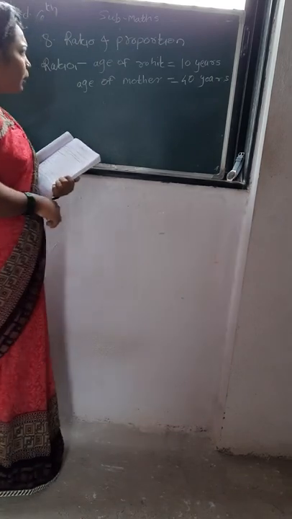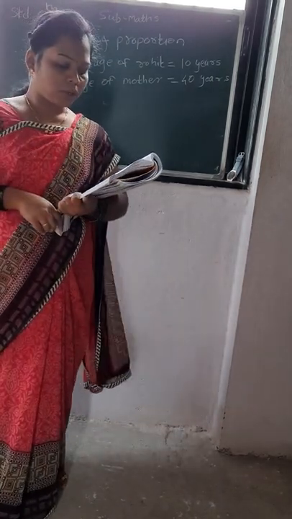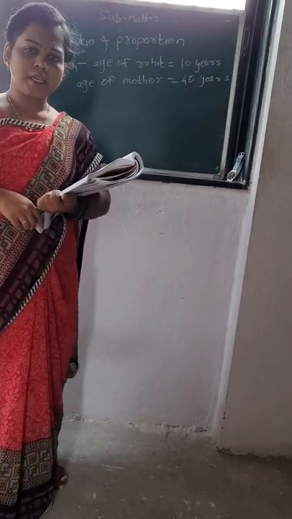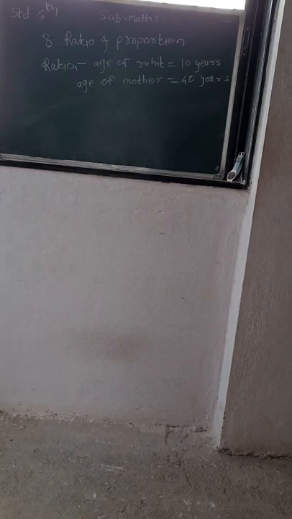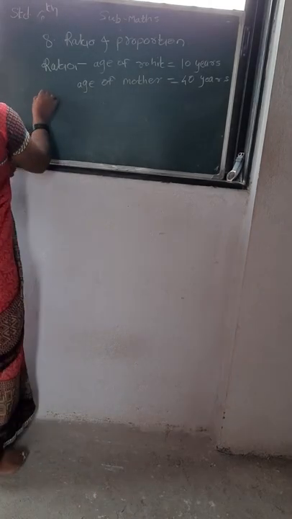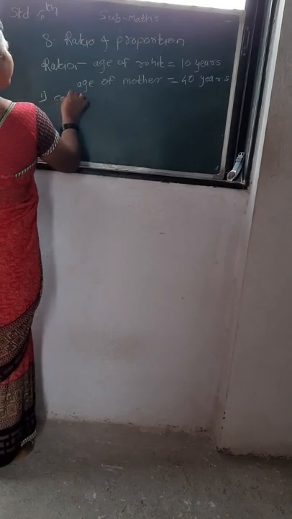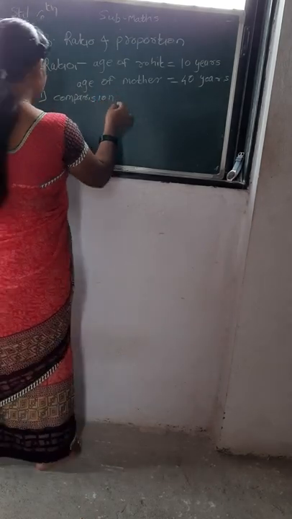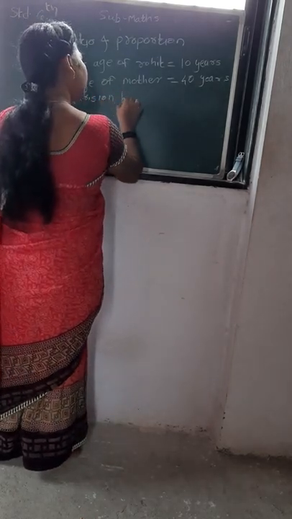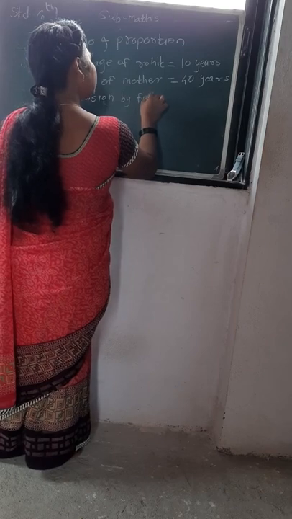We can compare the age of Rohit and his mother in two ways. First one is comparison by finding difference, and second one is comparison by division. First one is comparison by finding difference.